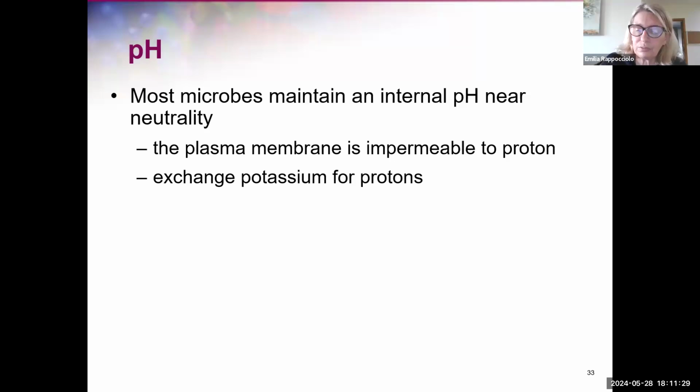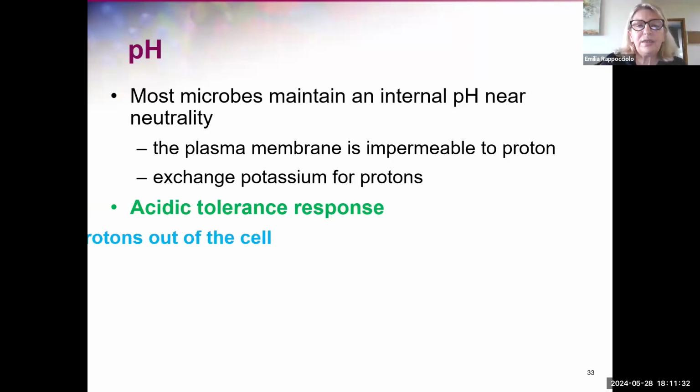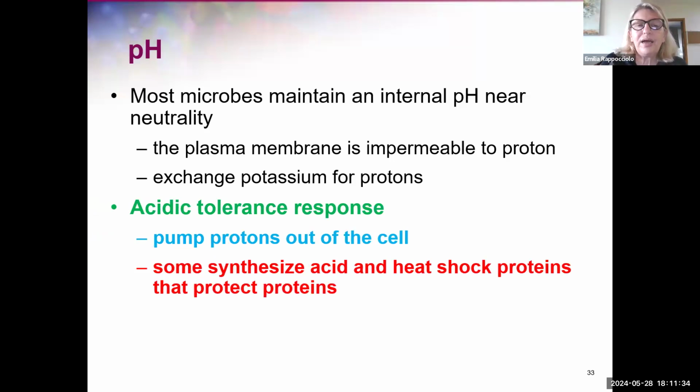So I put protons out, I get potassium in. This is called the acid tolerance response. I need to do some work to pump the protons out, but when the protons come in, actually they can bring in food. You remember, we talked about the symporters and the antiporters, and so these protons can be used also for transporting some molecules inside the cell.